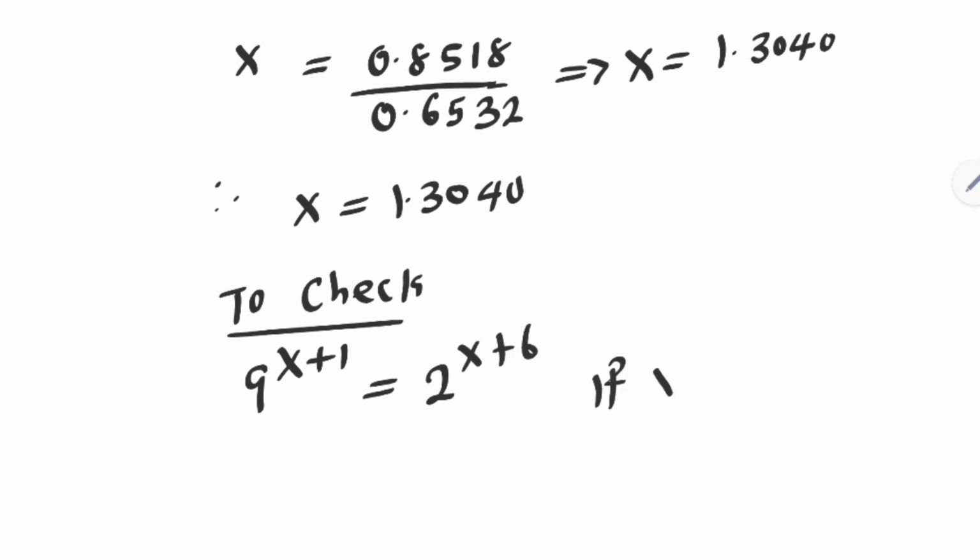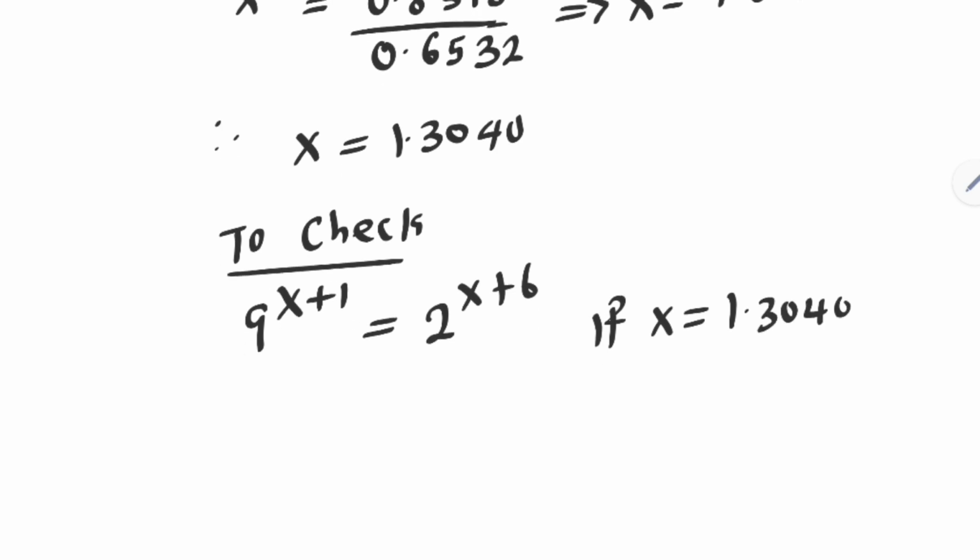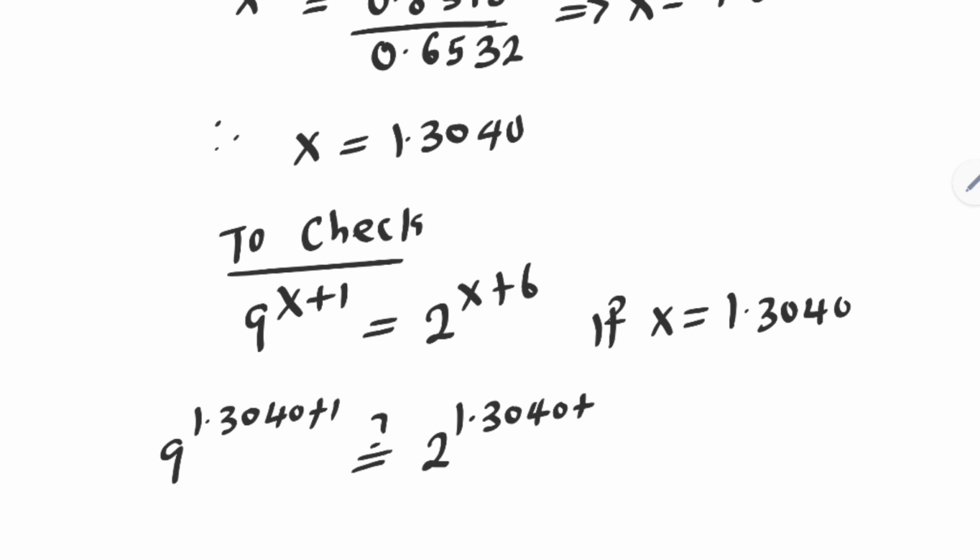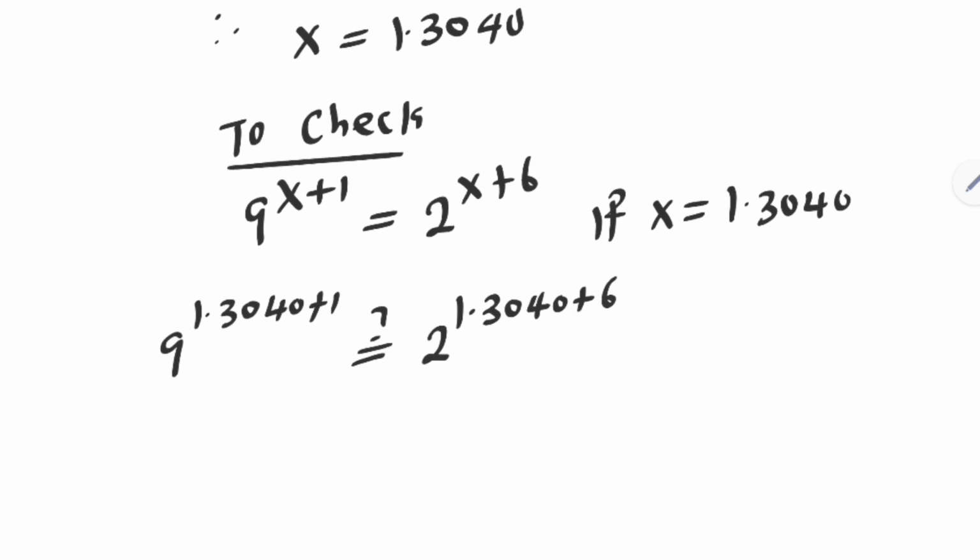If x is equal to 1.3040, then this is 9 raised to power 1.3040 plus 1 must be equal to 2 raised to power 1.3040 plus 6.